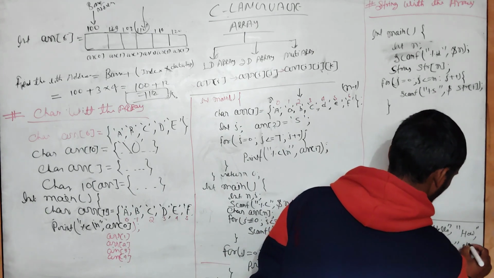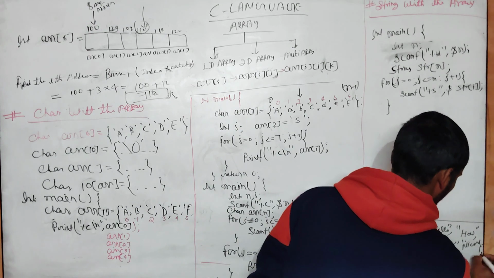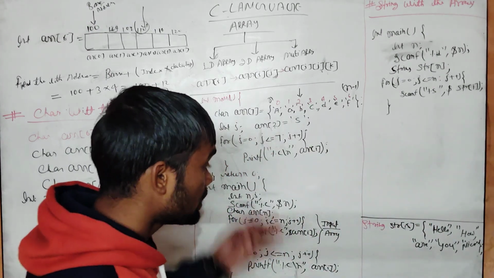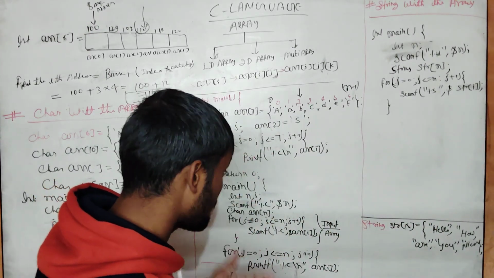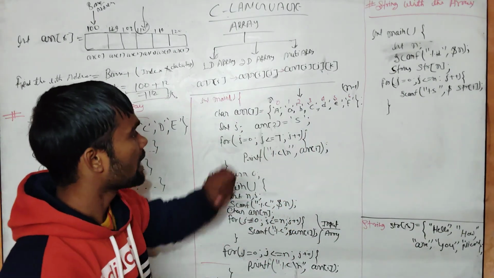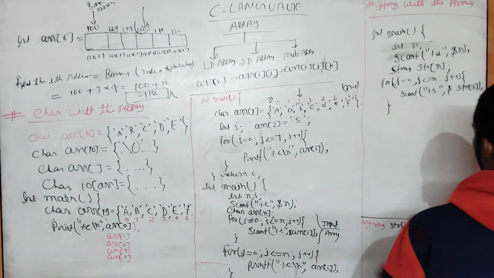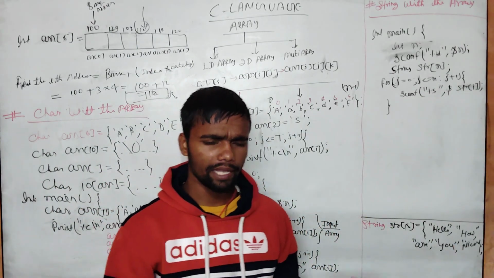Here I'm writing nice. Fine. It is a way to represent the string array. Here I am writing double quotation, and for a character I write single quotation. Okay, fine, no issue, no need to worry. A simple way to learn, a very easy manner.